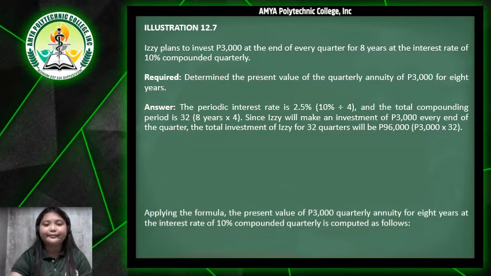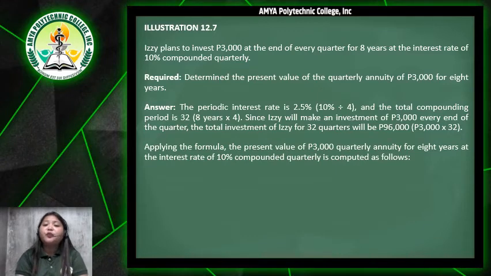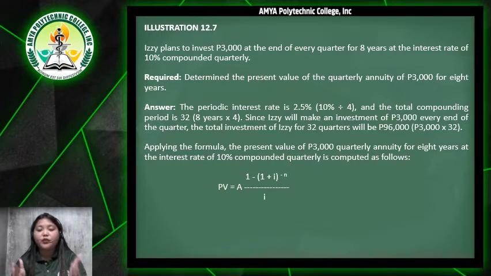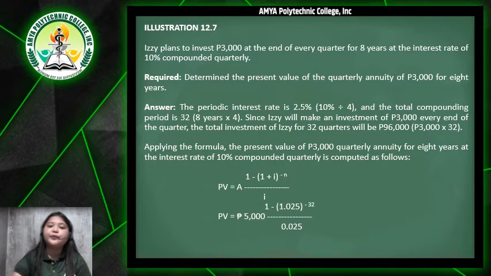Okay. So applying the formula, the present value of a 3,000 pesos quarterly annuity for 8 years at the interest rate of 10% compounded quarterly is computed as follows. This will be our formula that I told you a while ago for the present value. So our annuity here is 3,000.